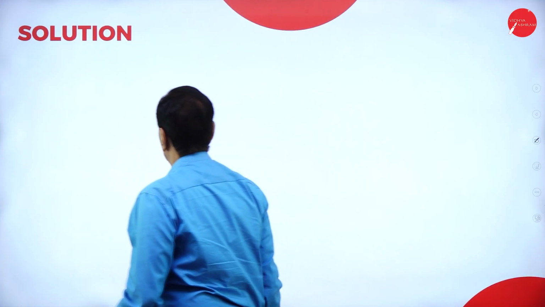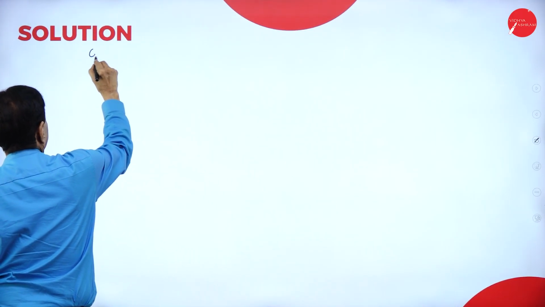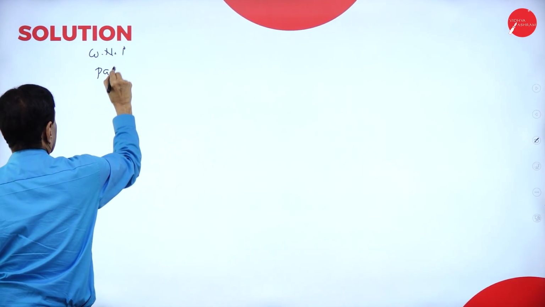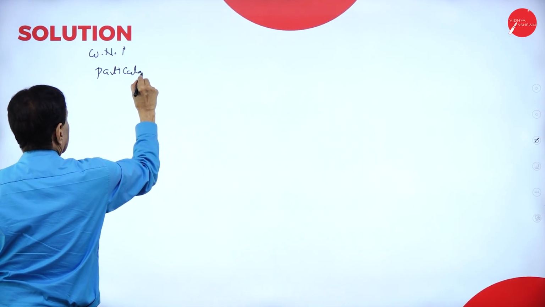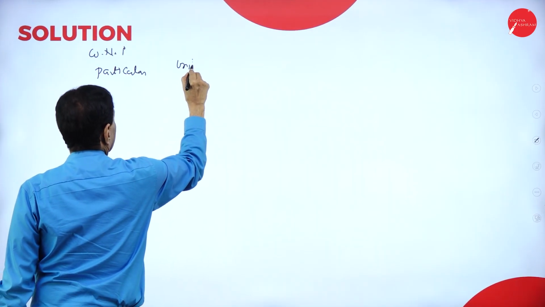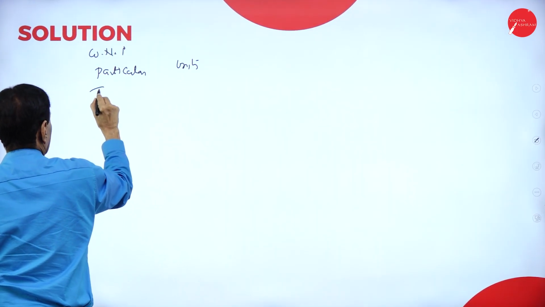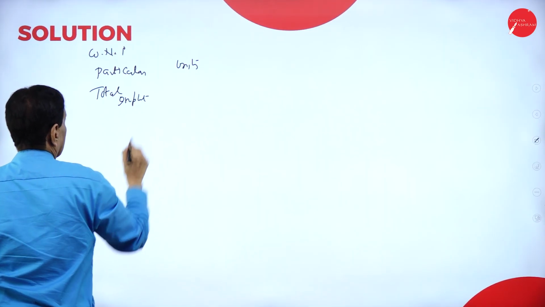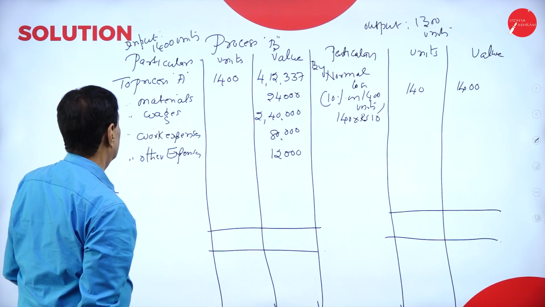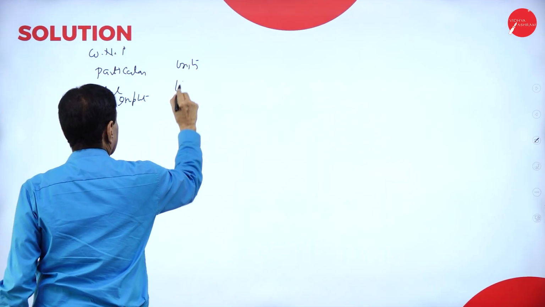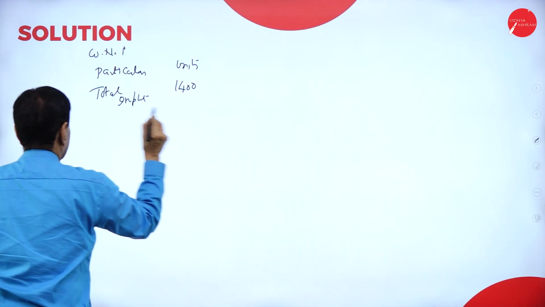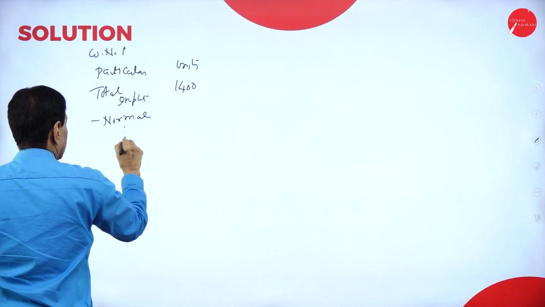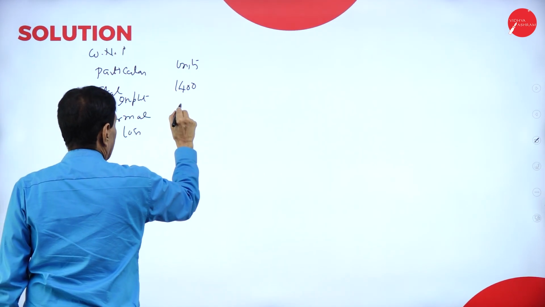Come back to working note. Working note number 1. Particulars, units. Total input: how many units now? 1,400 minus normal loss 140 units.